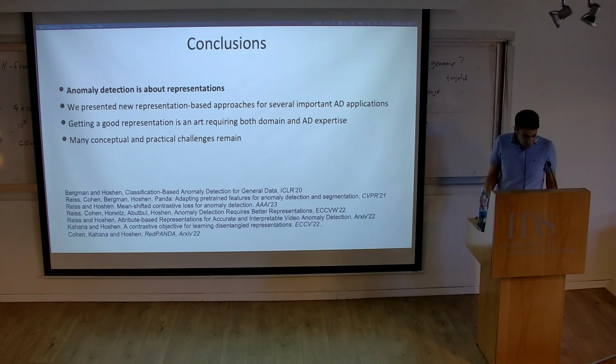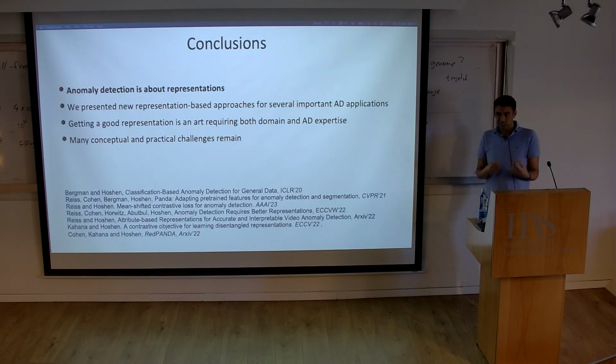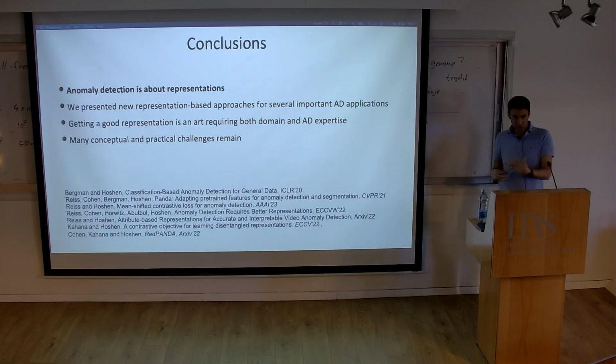But I think that we've already seen that being able to fit the correct representation to your problem is a mixture between being an art and a science, and it requires both understanding of anomaly detection and understanding your domain.